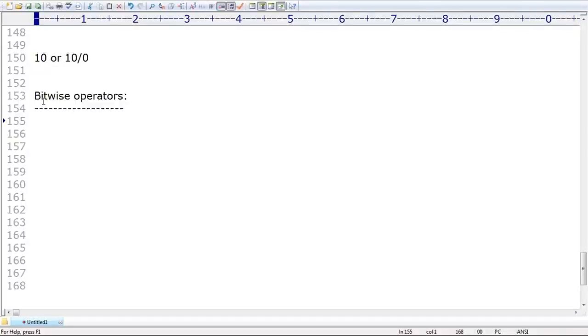Which operators are there? The and operator, the or operator, next the xor operator, we will discuss its meaning. After that there is the complement operator, the left shift operator, and the right shift operator.